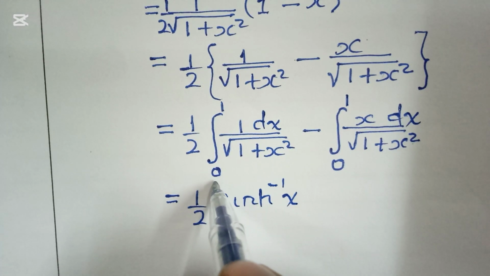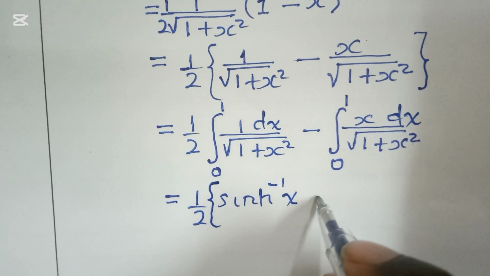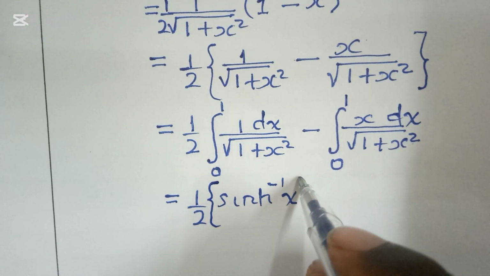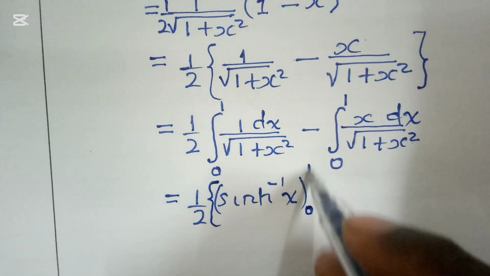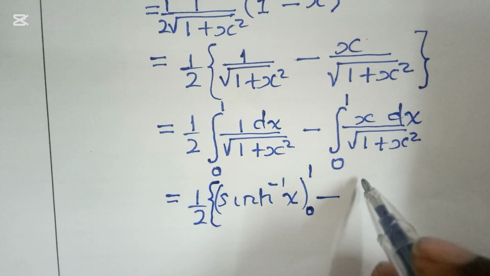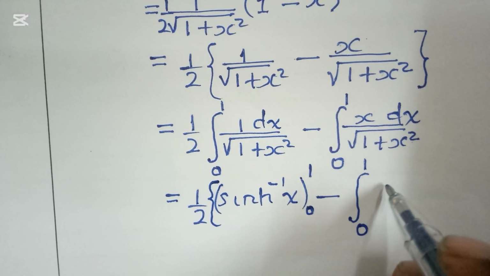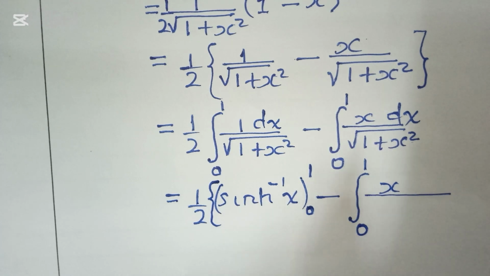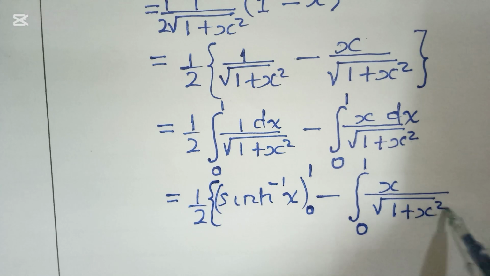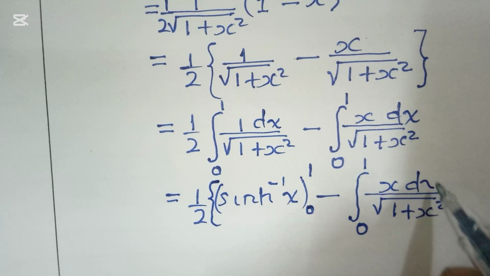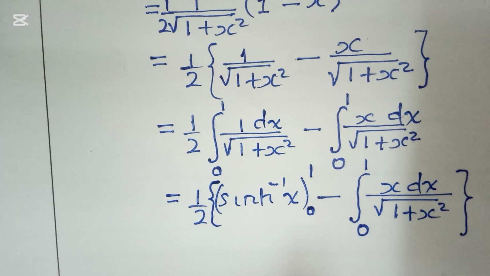Remember that the half is supposed to be outside there. This is now minus the integral of 0 to 1 of x all over square root 1 plus x squared dx. So guys, we are now going to deal with this integral right here.